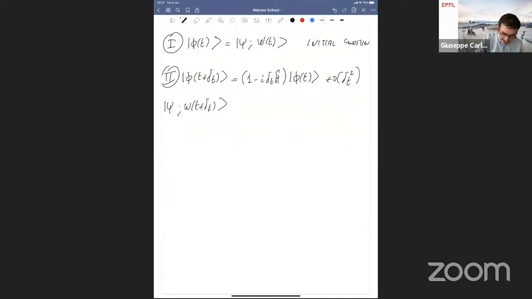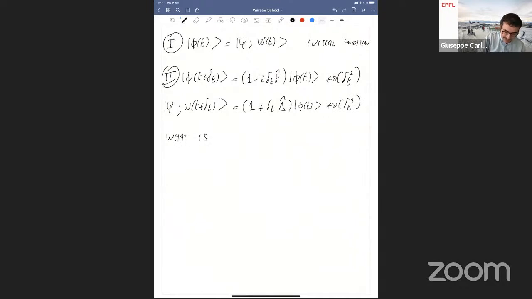I will give you more details in a moment, but you can show that this is equivalent to saying that your variational state has some generator of the dynamics, which is not in general the Hamiltonian. It's another operator delta that I will define in a second, applied on your initial vector, which is in both cases the same.